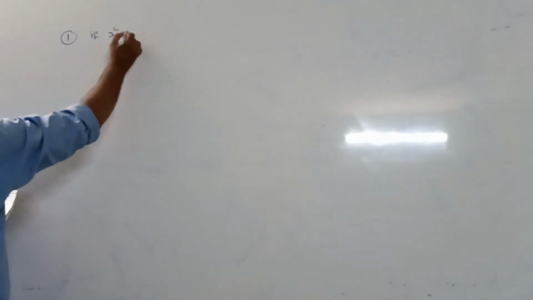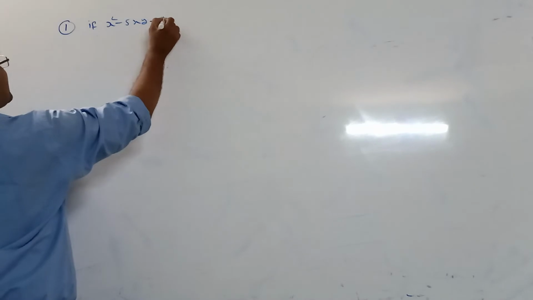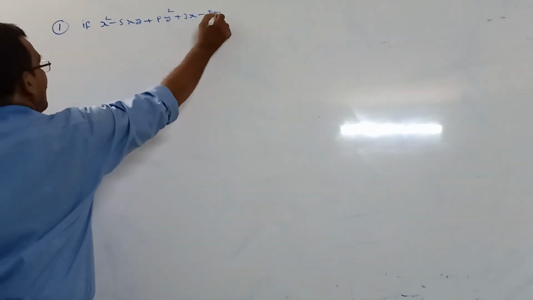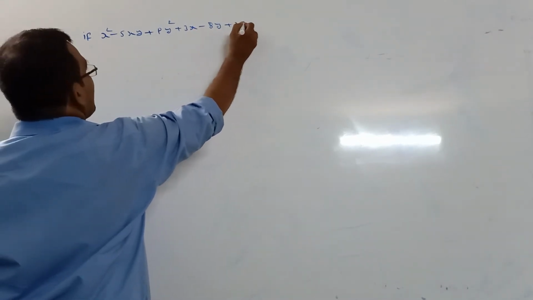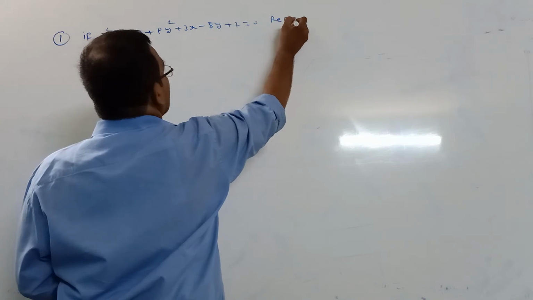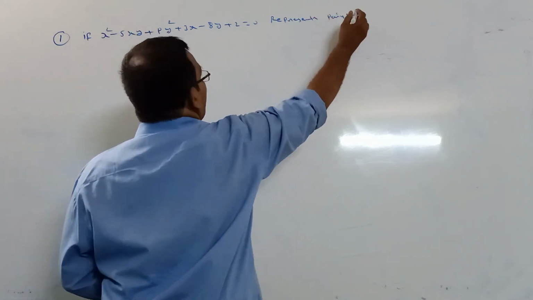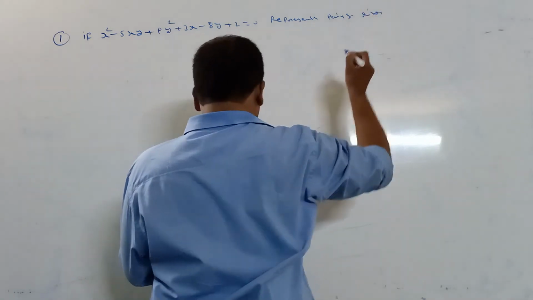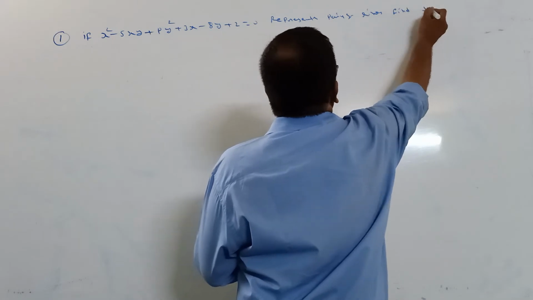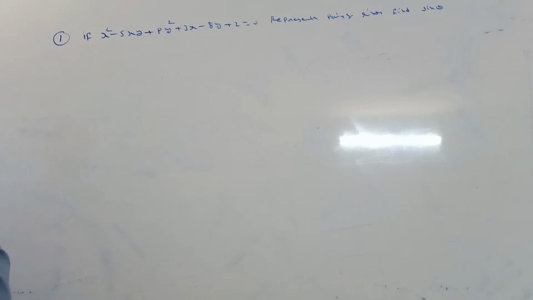Now I discuss some model sums for non-homogeneous pair of lines. If x square minus 5xy plus p y square plus 3x minus 8y plus 2 equal to 0 represents a pair of lines, find sin theta.